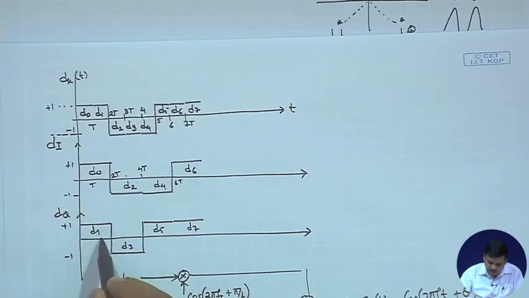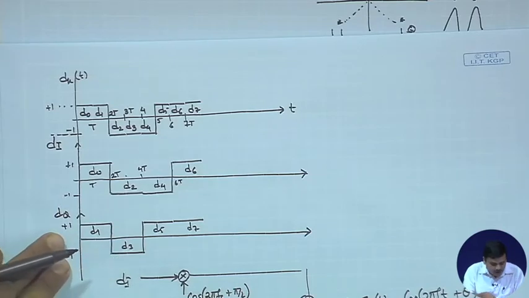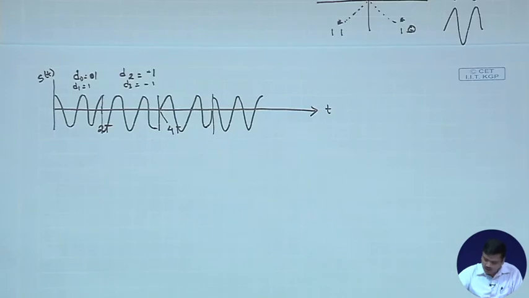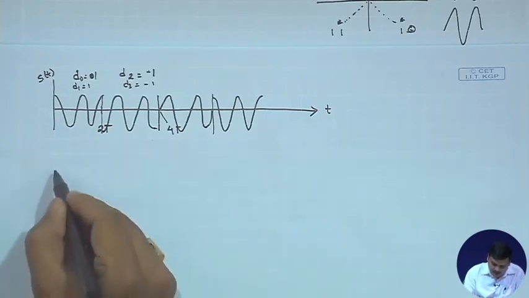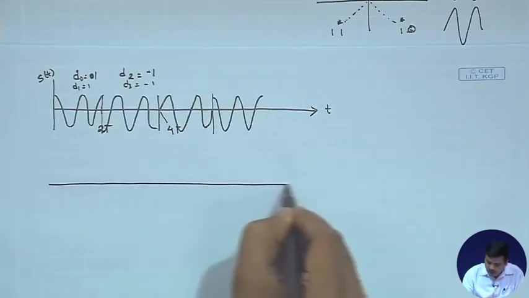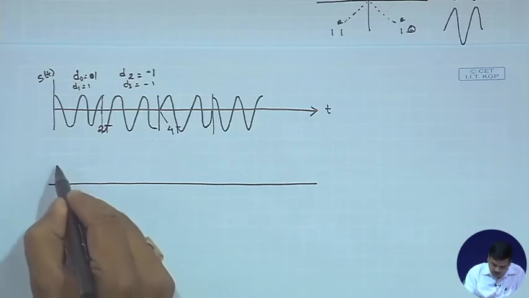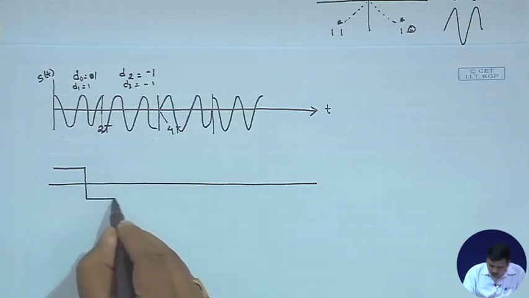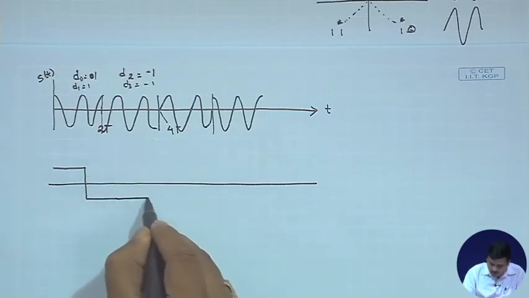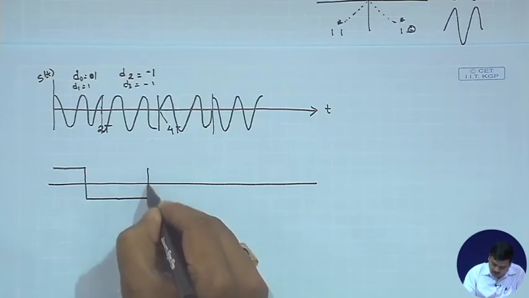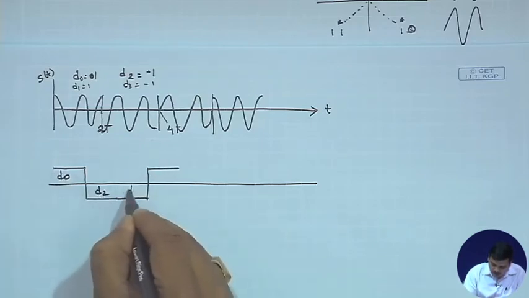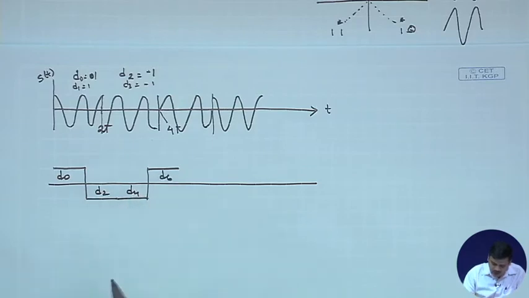Instead of doing this kind of a waveform, we could say why not stagger this, or shift this a little bit. If you shift this a little bit, the waveform that you would get would look like this. The I channel we draw over here first: D0, then D2, then D4, and then D6.